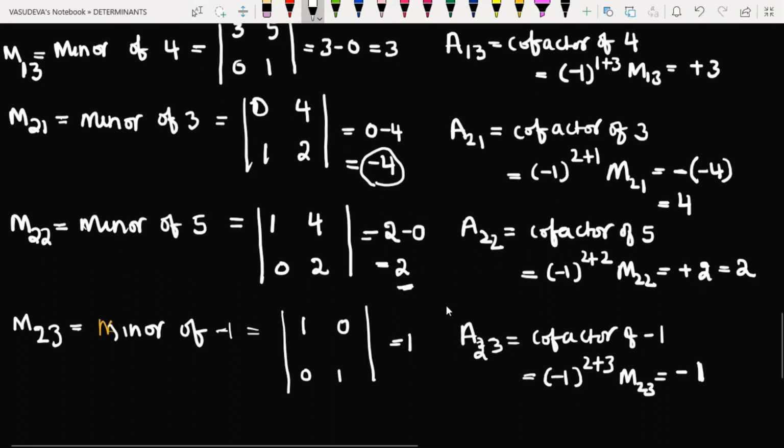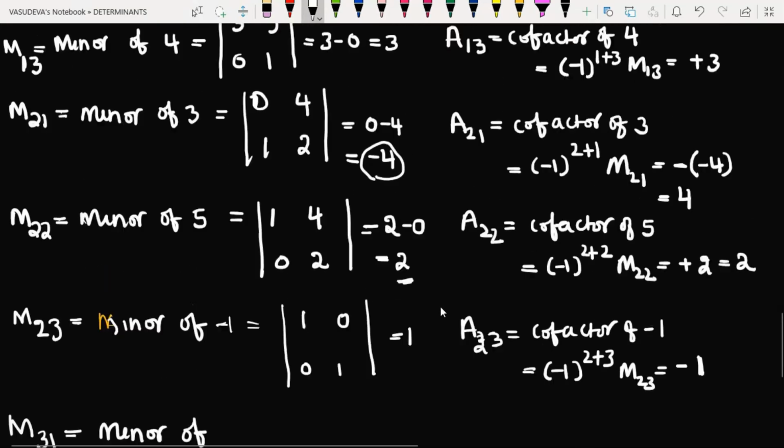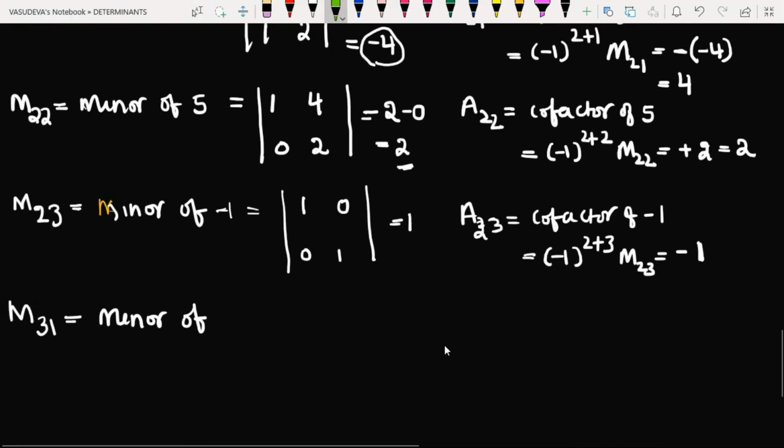Now M31, the minor of the element in the third row and the first column, which is 0.